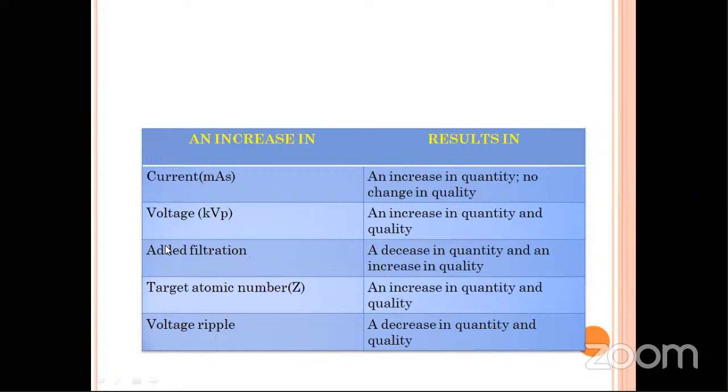If there is added filtration in the machine, obviously there will be filtration inherently, so it will actually decrease the quantity, and there will be an increase in the quality of the X-ray beam. And the atomic number: if the target has a high atomic number, the interactions will be more, so that an increase in quantity and quality of the image is produced. Okay, so if there is voltage ripple, there will be a decrease in the quantity and quality of the image.